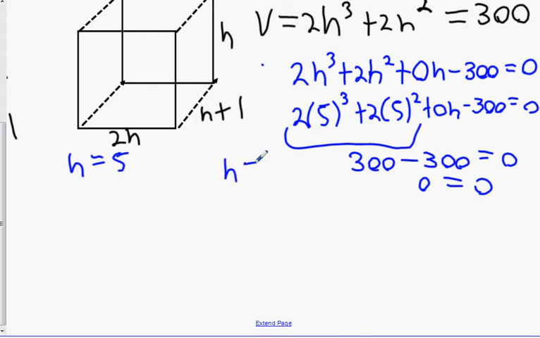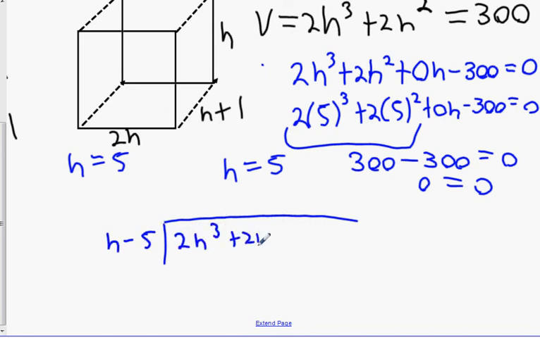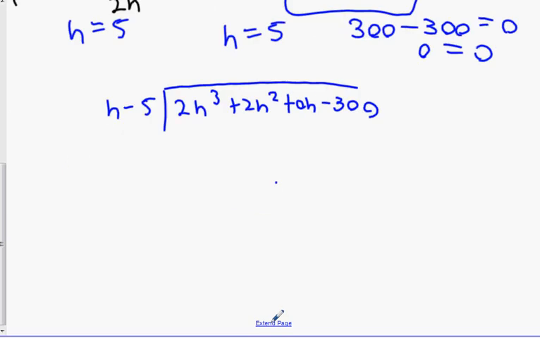Now, what do we always do once we have the first root, h equals 5? We long divide h minus 5 into 2h cubed plus 2h squared plus 0h minus 300. Am I right with that? Yeah.